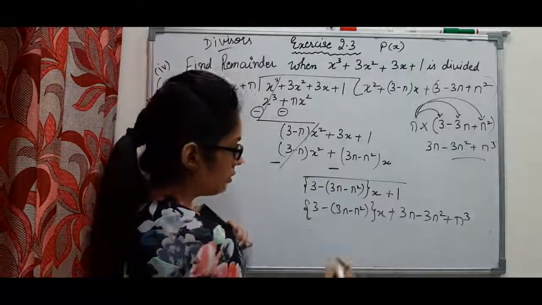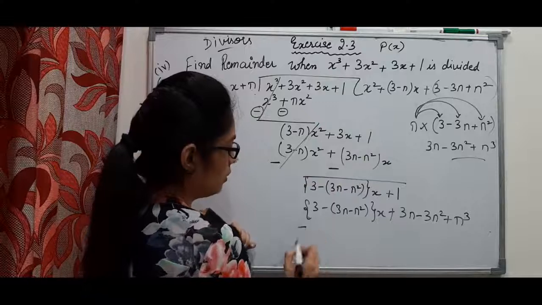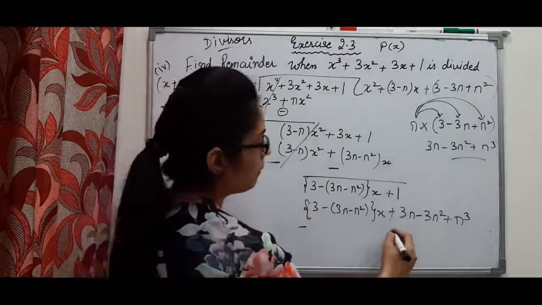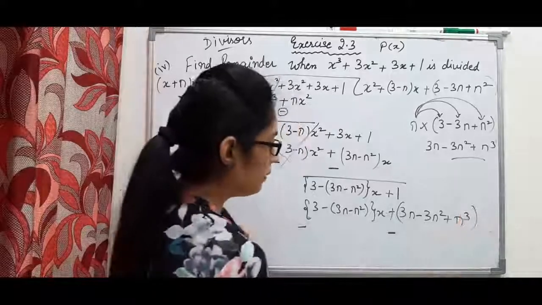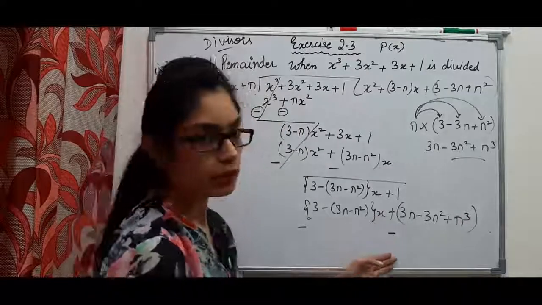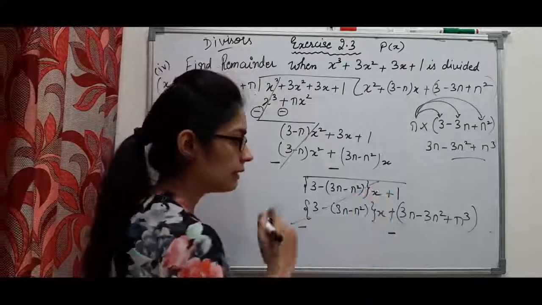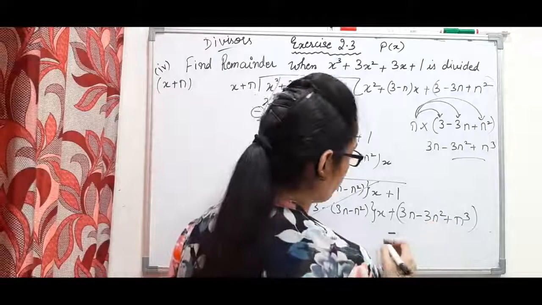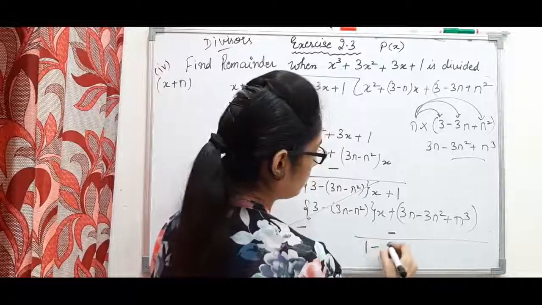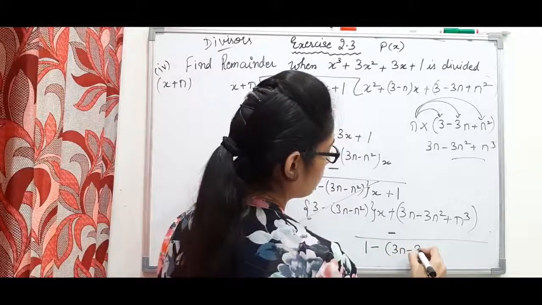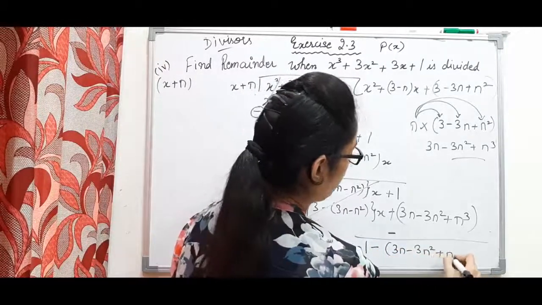Now we can change the signs. Plus will be changed into minus, minus will be changed into plus. So for this complete term, this plus it will be changed into minus. Same terms with the opposite signs, they will get cancelled, and let's see what it will become. It will become 1 minus 3 pi minus 3 pi square plus pi cube.